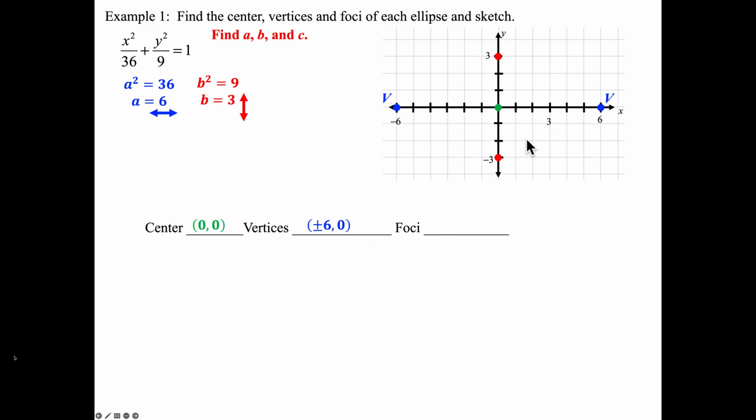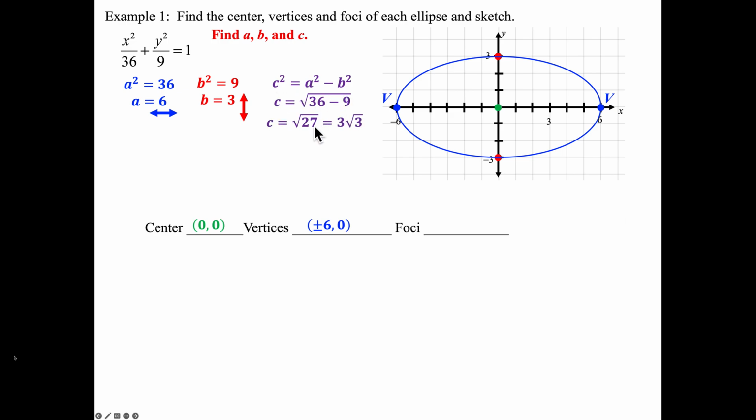So we're going to make our graph. We make our best oval around those 4 points. Our foci is the Pythagorean theorem with the minus sign. A squared minus b squared equals c squared. So 36 minus the 9, a squared minus b squared. Take the square root of that. So that's going to be the square root of 27, which will be just approximately 5 point something.